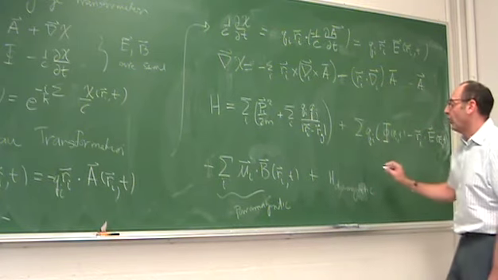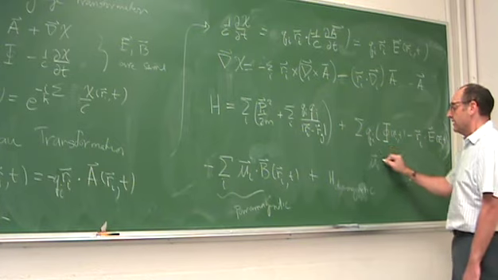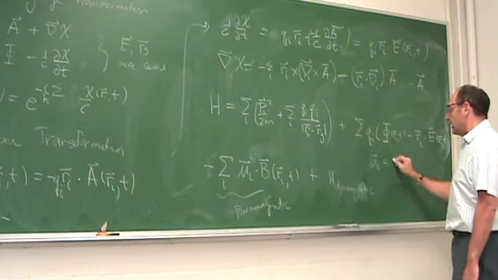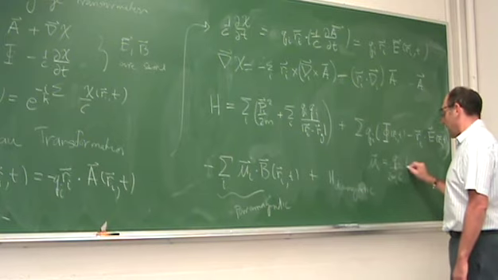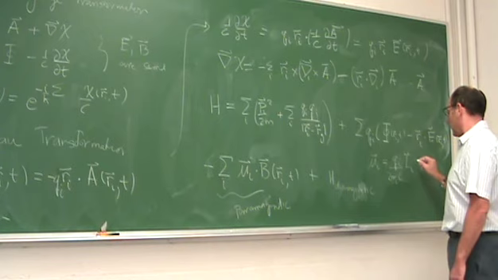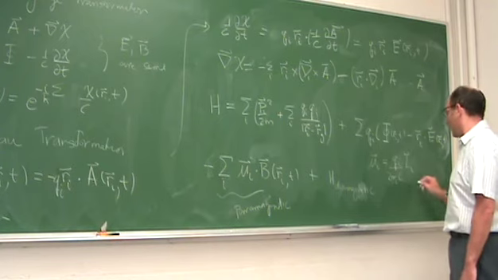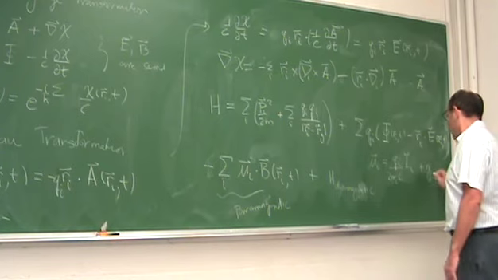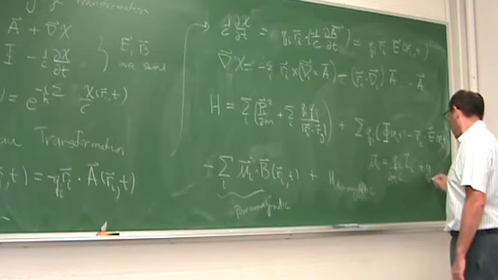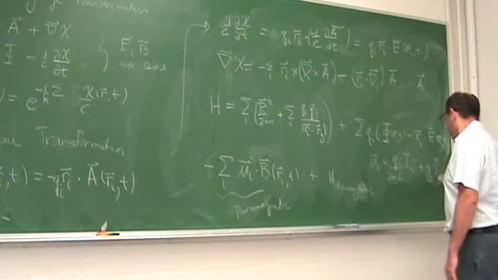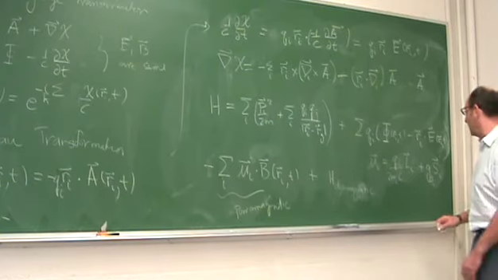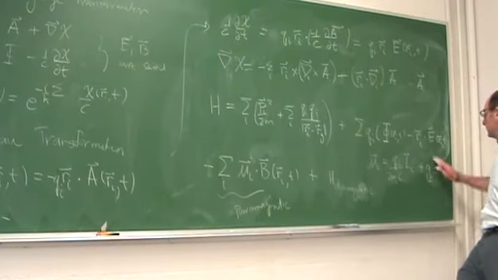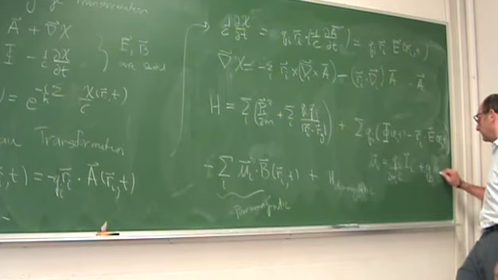But we have this form where mu_i is equal to q_i over 2m_i times (L_i plus g_s S_i), times the Bohr magneton magnitude.